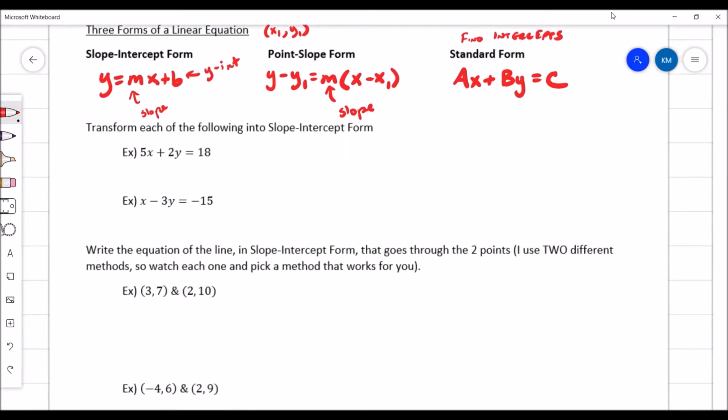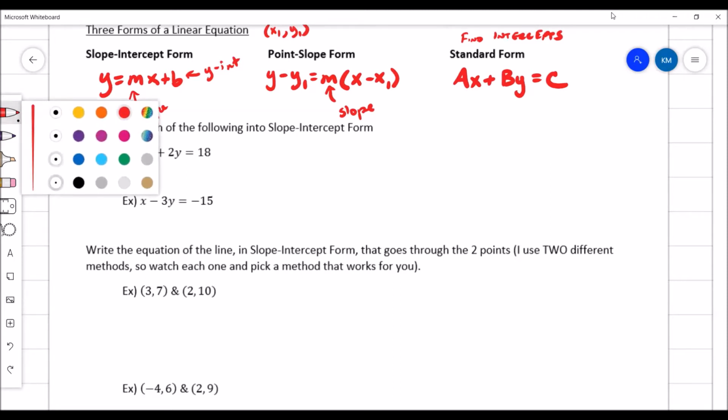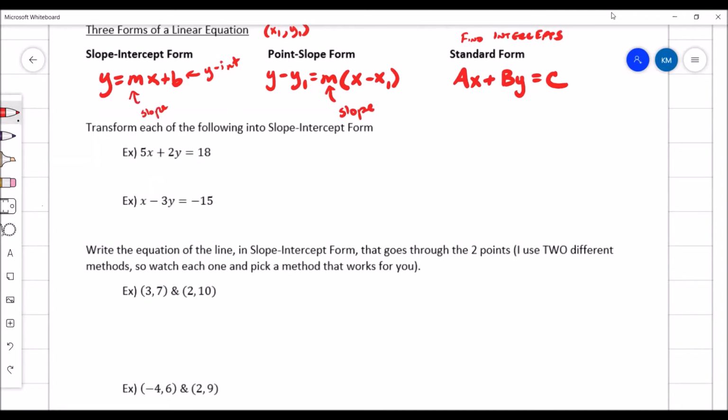Here it says transform each of the following into slope-intercept form. The main characteristic of slope-intercept form is that y is by itself, so basically they're asking us to solve for y. For this problem, I'd subtract 5x from both sides.